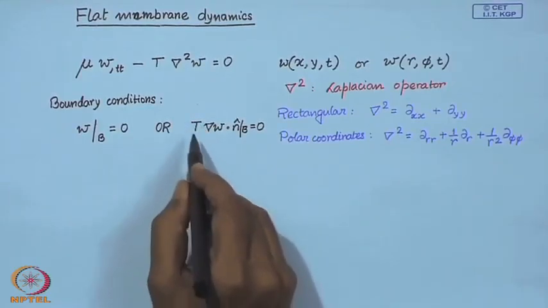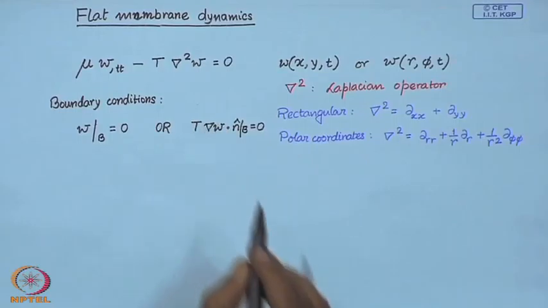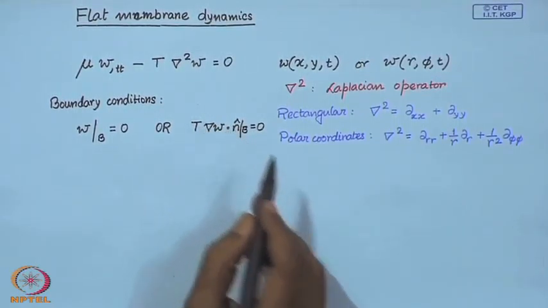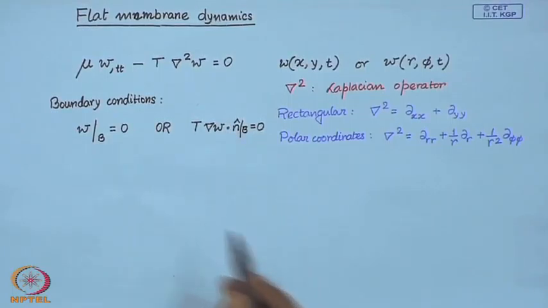So, this is the force per unit length T times the gradient of the field variable dot the unit normal at the boundary.